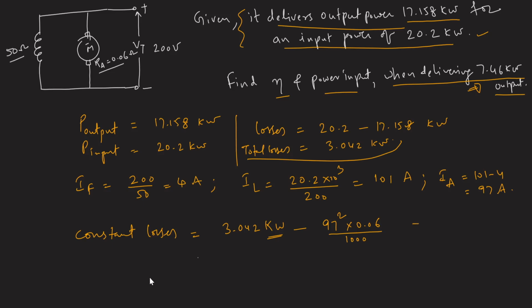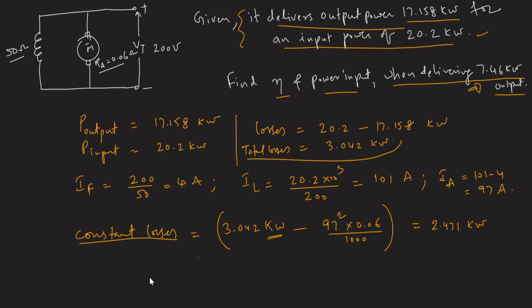So what is this value coming to? 2.471 kilowatts, right? So this is the complete constant losses. You have calculated the entire expression, right?